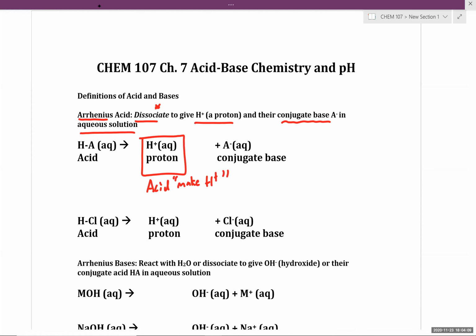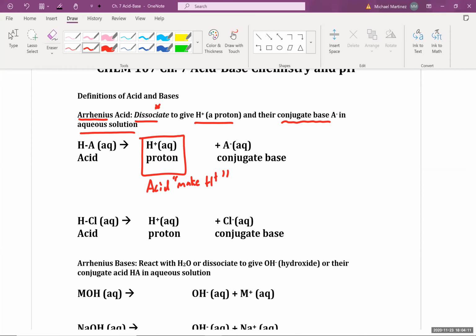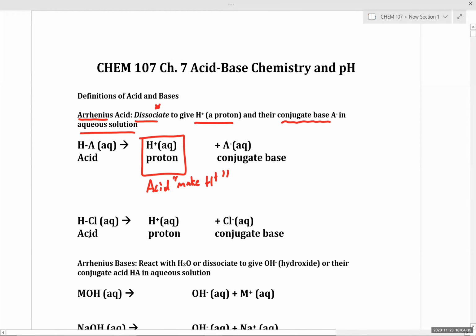Now, a classic example of this is hydrochloric acid. So as we can see, hydrochloric acid can dissociate. If you think about hydrochloric acid, we can break the hydrogen chlorine bond and we can make, in turn, H plus and Cl minus.